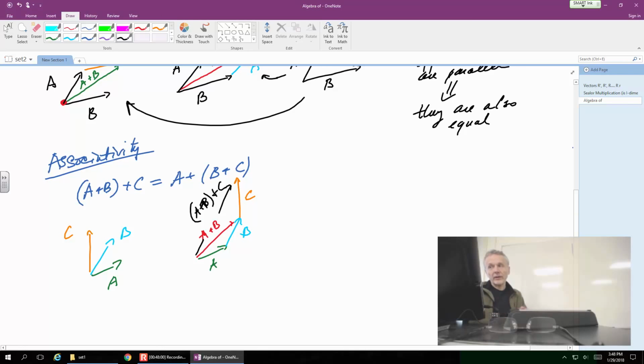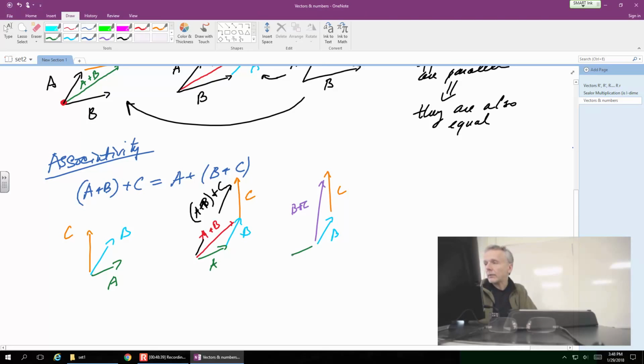Now do the opposite, the right-hand side. I will be doing first B plus C, and the convenient thing is that I could add A later, because we have commutativity already. So I will go with B plus C, B like this, and C like that. Then this is my B plus C. Then I have to add A somewhere, before or after; that doesn't make a big difference.